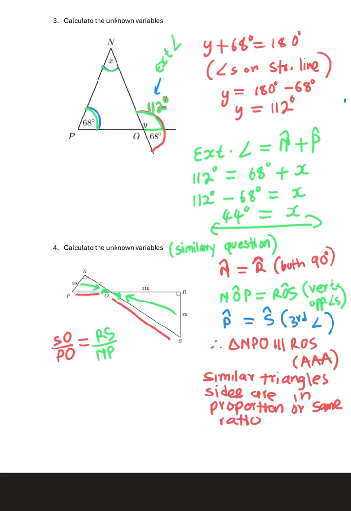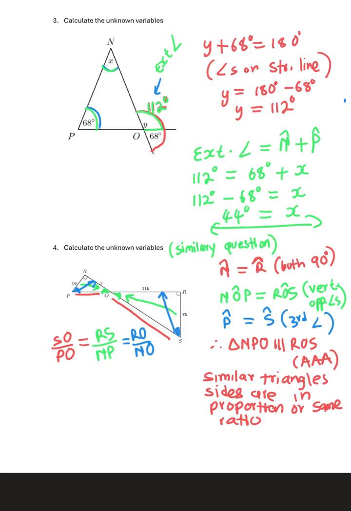And then next we have this angle we just showed is equals to this angle, right? So this side is facing that side and this angle is facing this side, so it's gonna be RO over NO. And now we have the information we need to find the value of X. What is the value of SO?